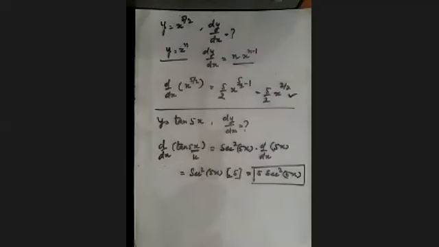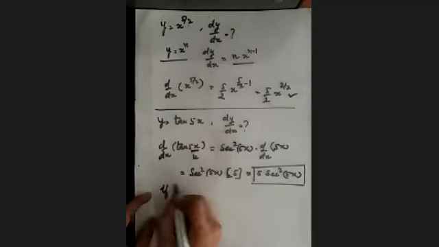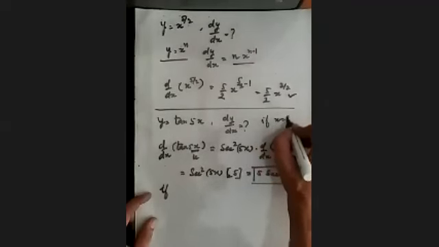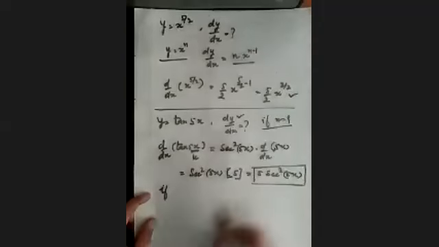Okay. So if some value is given, for example, if the value of x is 9, you can put the value of x equal to 9 and find the result. So if it is given within the question, for example, if x equal to 9, find dy by dx.